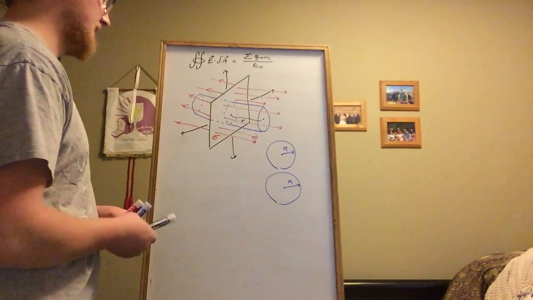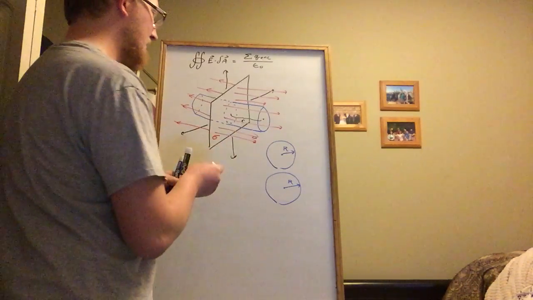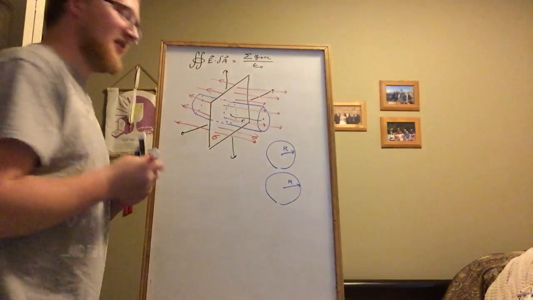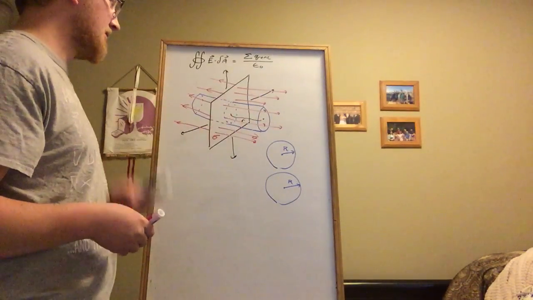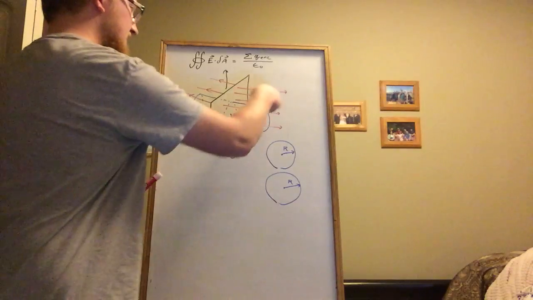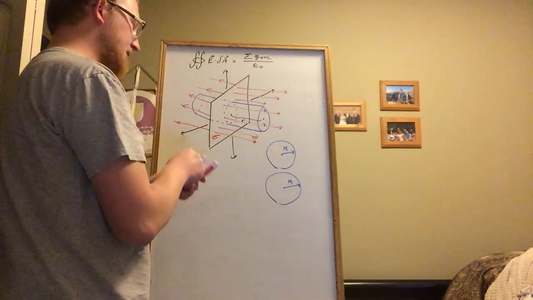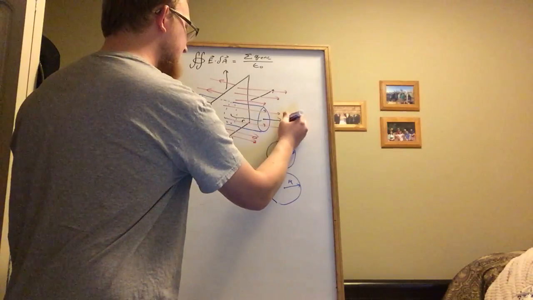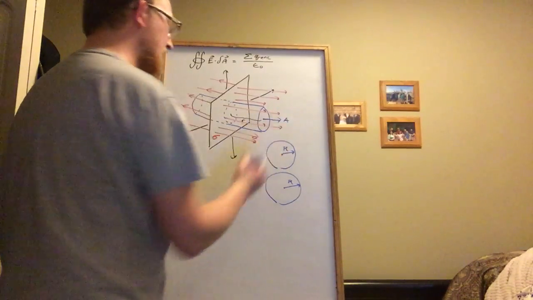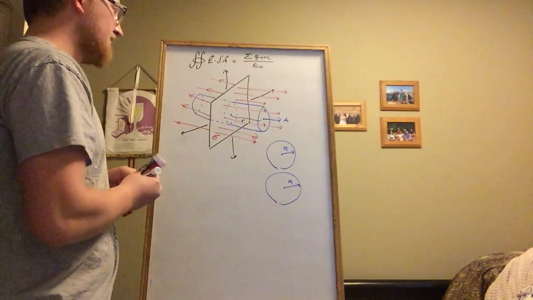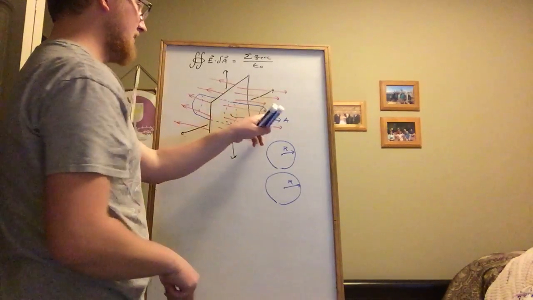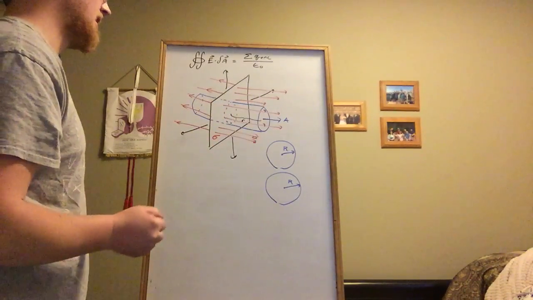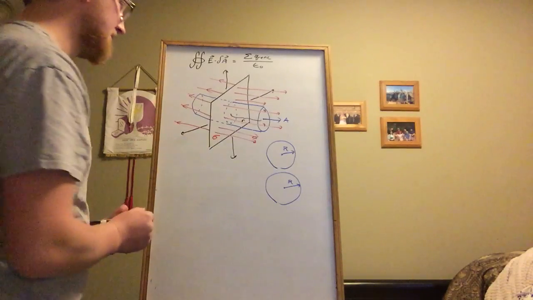And you'll notice that the E field happens to be conveniently always at a 90-degree angle with this plate, essentially. The circle's area vector points normal to the surface, and so the angle between the normal area and the E field is going to be 0 degrees.